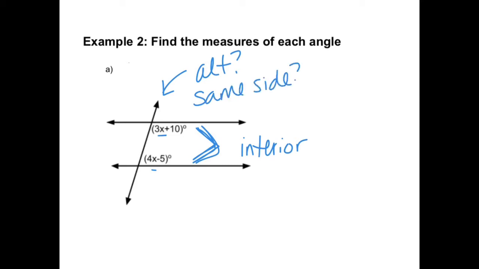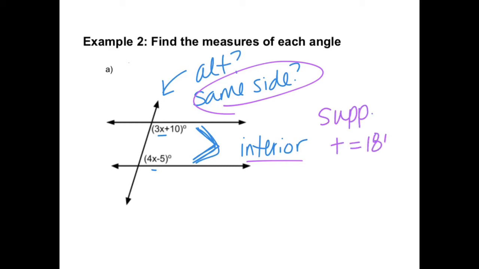So because these angles are both on the right hand side of this transversal here, these are same side interior angles, and that relationship is supplementary, which means that they're going to add to equal 180, and that is the equation I'm going to set up to solve.